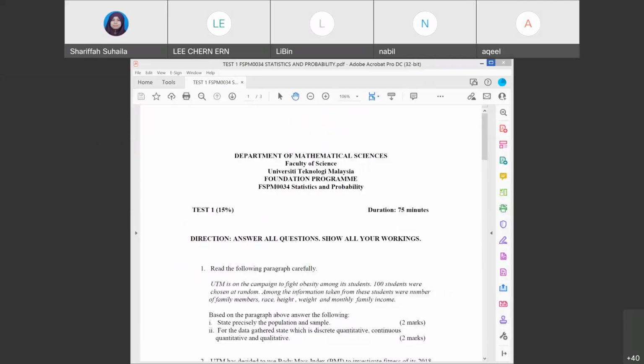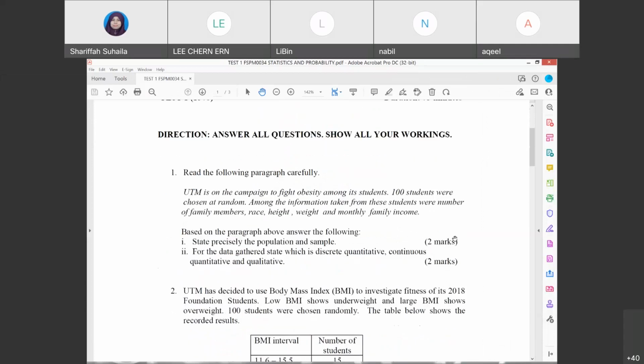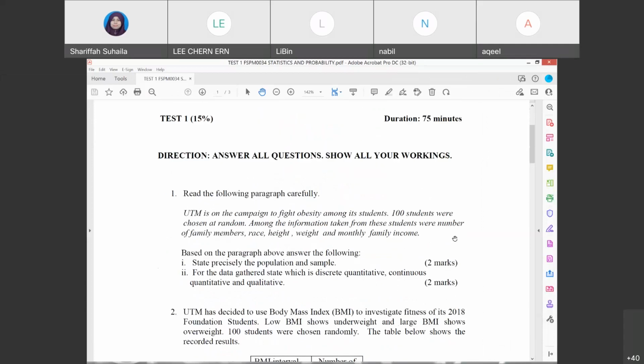Okay, can you see this question that I shared in the Telegram? Okay, everyone. So the same thing here. Again, just as a reminder, your test one, again, the same, 15%. Okay, so the duration is 75 minutes, so 1 hour and 15 minutes. So we start at 8 up to 9:15.